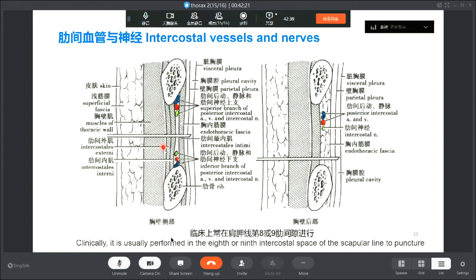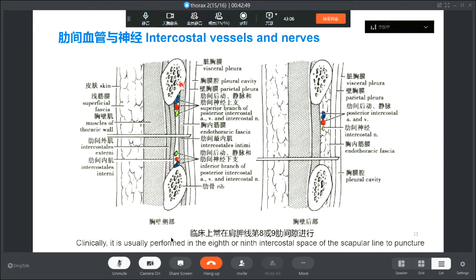Between the two ribs, the layers from outside to inside are the external intercostal muscle and the internal intercostal muscle.